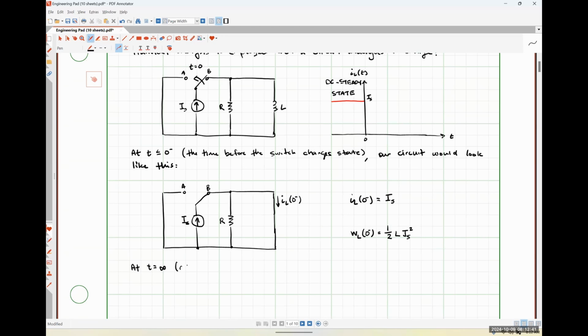This is just a long time after the switch has changed states and any transient response, so what's happening during the change, has died out.